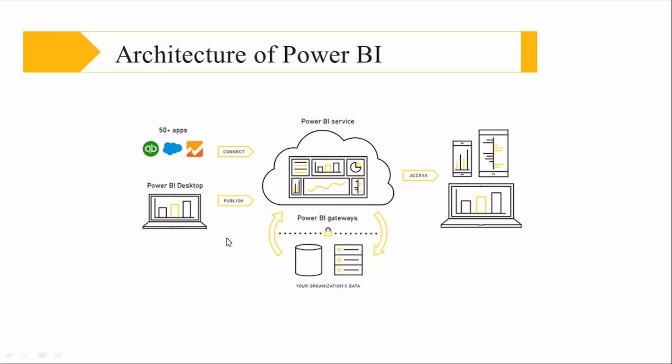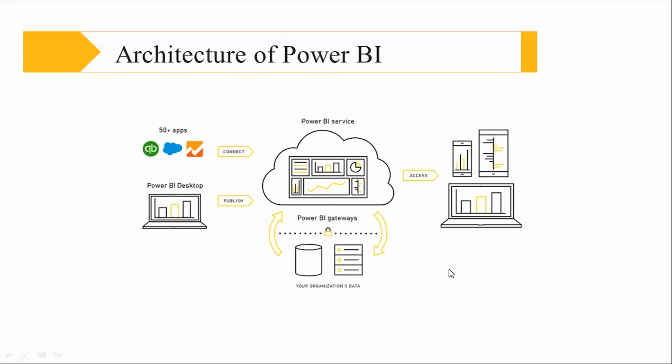Then you have a Power BI desktop where you work, where you create your reports, you generate your reports, you create the visualization and all of that. Then you have access, where you work with the accesses and all of those details. And here you have the Power BI services.